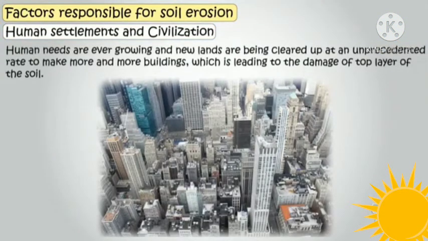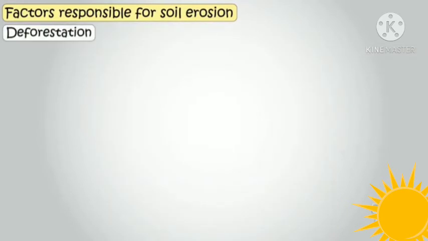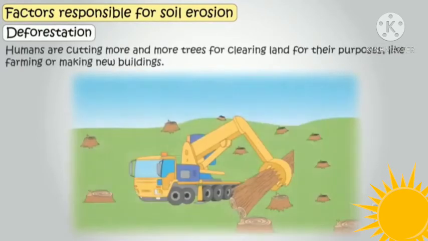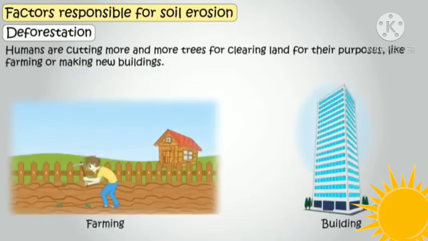Human needs are ever growing and new lands are being cleared at an unprecedented rate to make more and more buildings, which is leading to damage of the top layer of the soil. Deforestation. Humans are cutting more and more trees for clearing land for their purposes like farming or making new buildings.